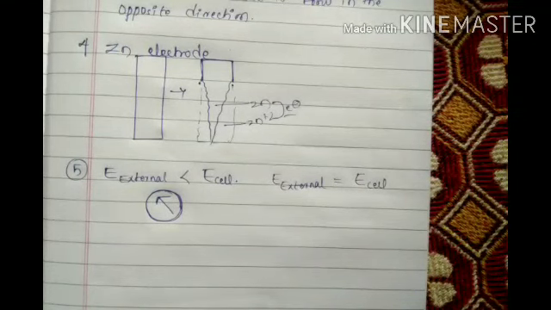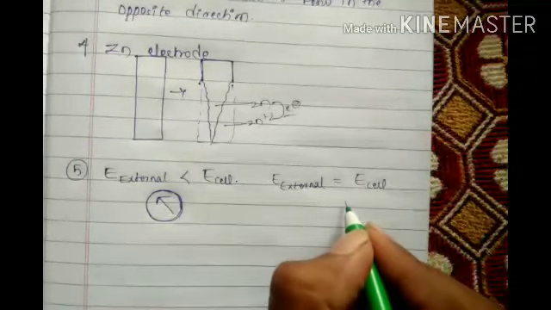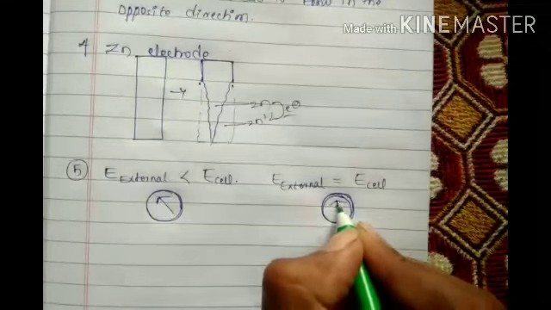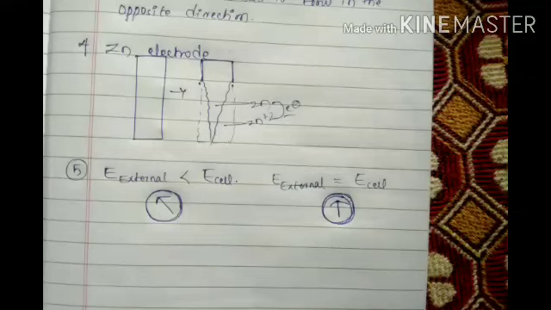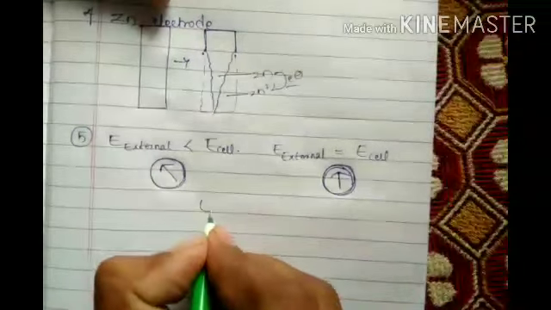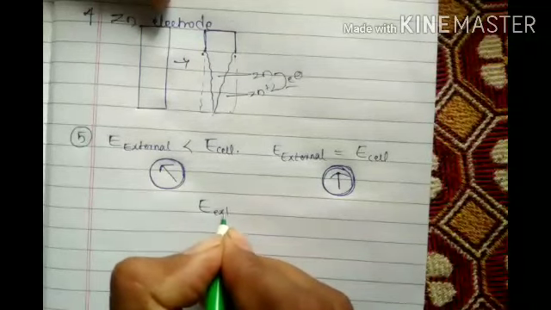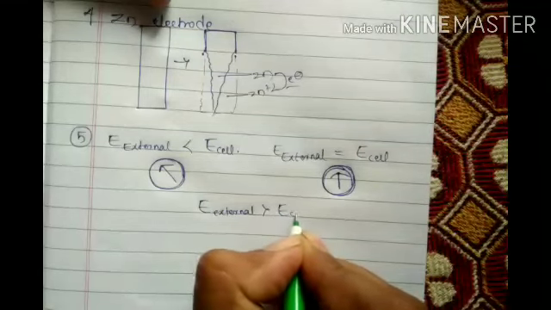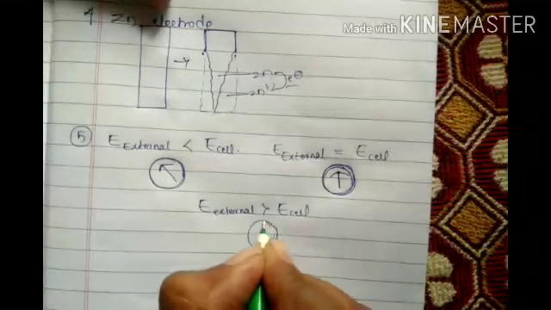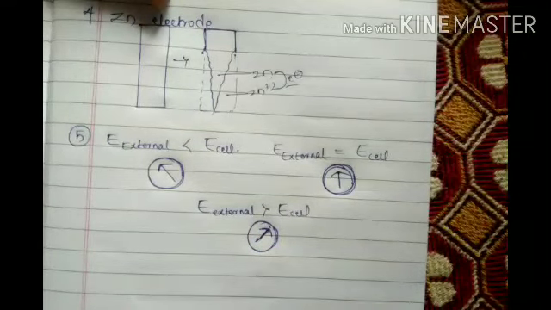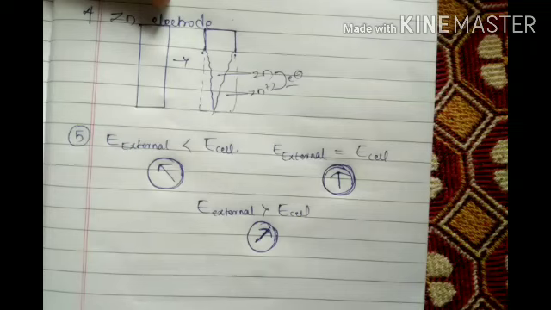The cell and external power are both equal. At that time we have to show the ammeter exactly straight. Third, E external is greater than E cell: we have to show the ammeter to the right side. Okay, got it?